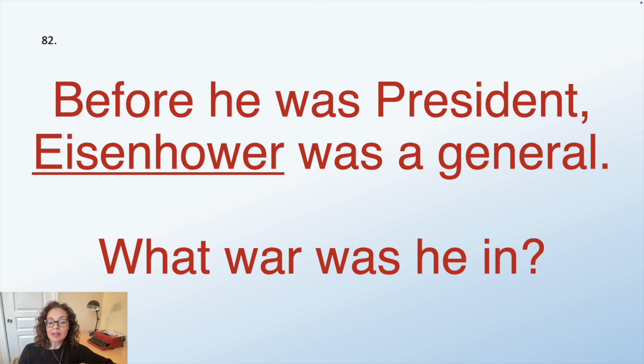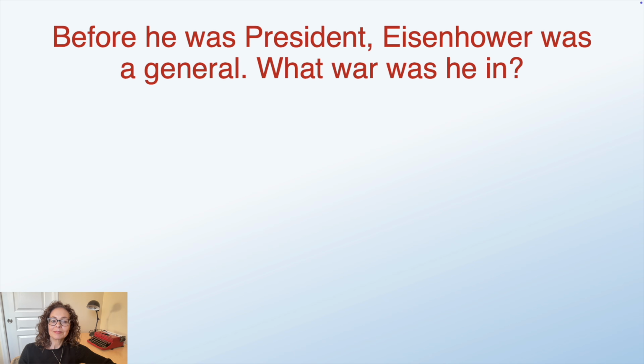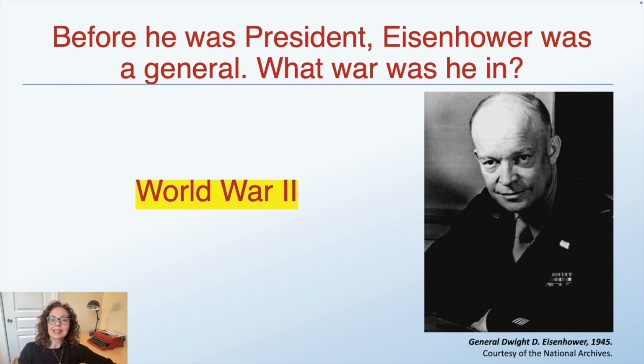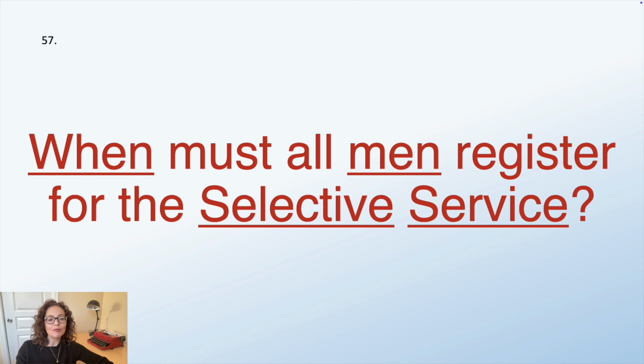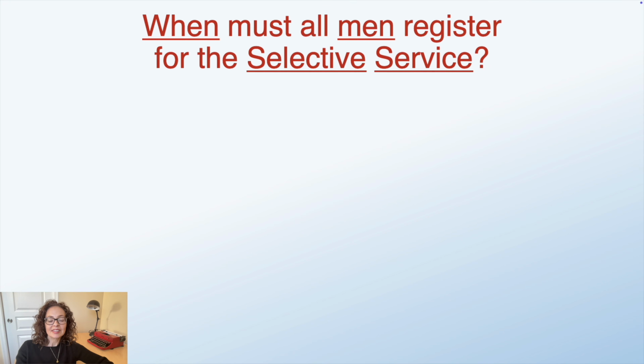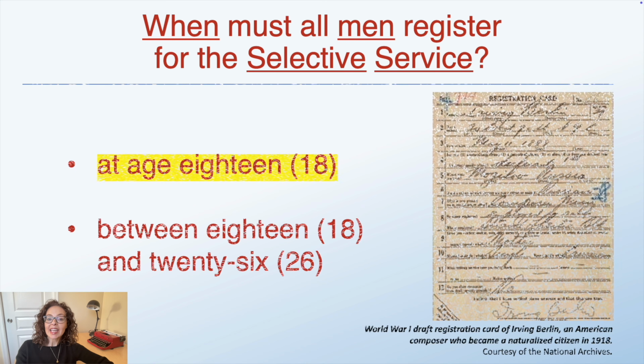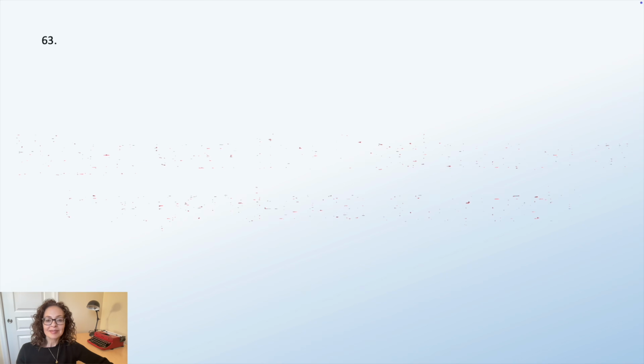Before he was president, Eisenhower was a general. What war was he in? Eisenhower was in World War II. When must all men register for the selective service? At age 18.